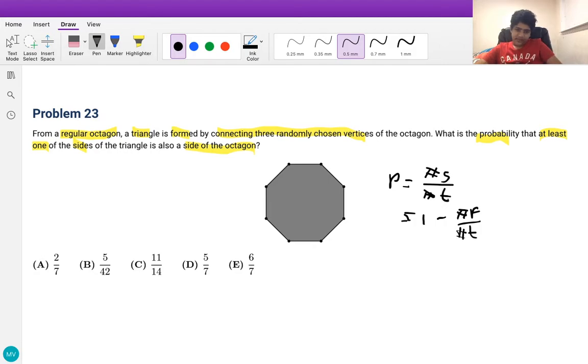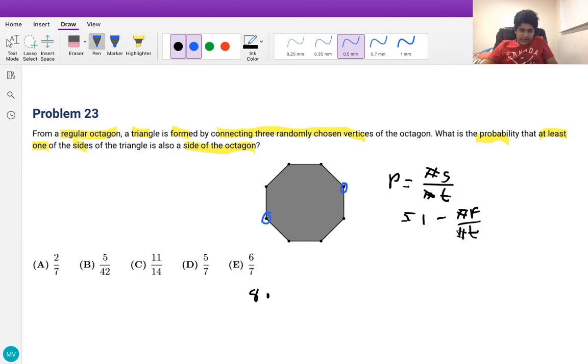So it's relatively simple to count the number of failures. There are 8 ways you can choose the first vertex, and then from there we can do casework. In the first case, we know that the second vertex is one of these two.